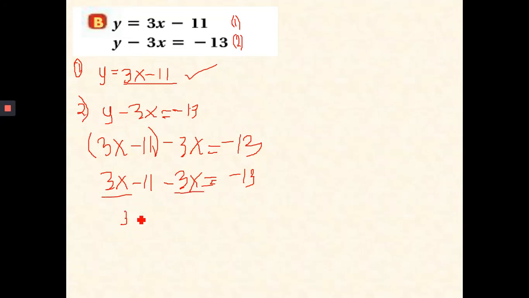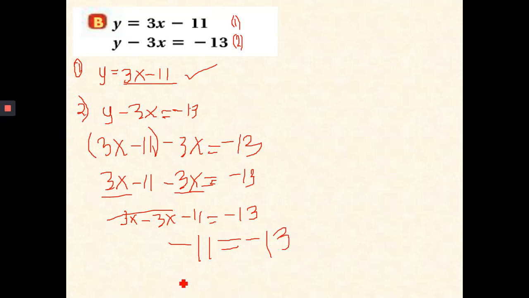So 3x minus 3x, minus 11 equals negative 13. Okay? 3x minus 3x, that will be 0. So no need to write it. So you now have negative 11 equals negative 13.